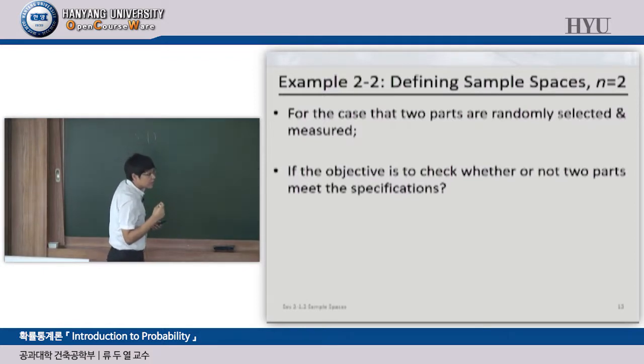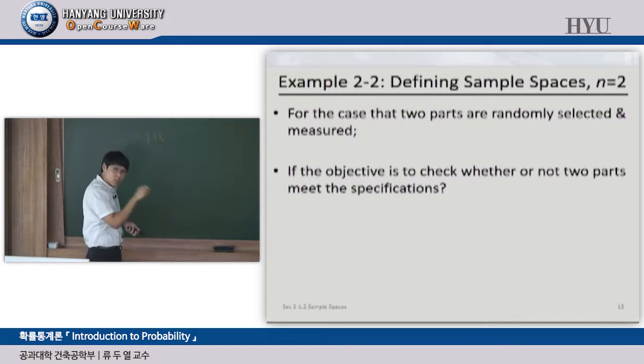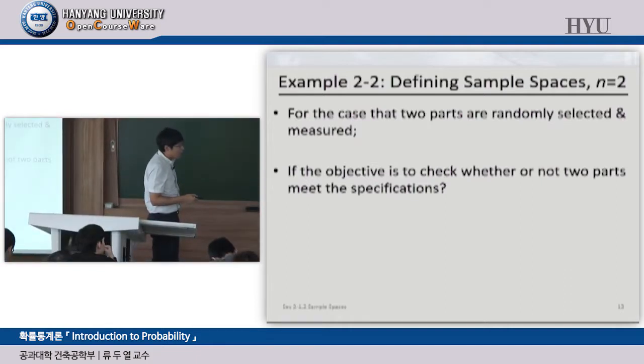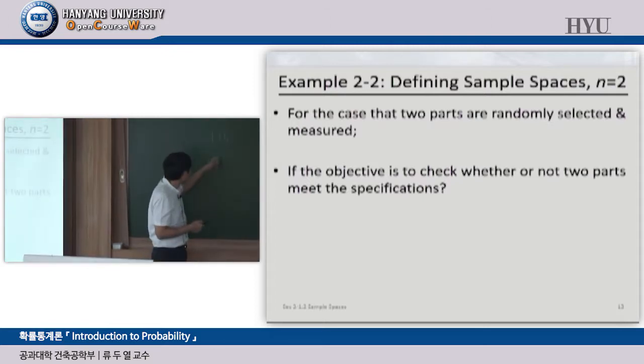And there is also the possibility that the second part selected from the experimenter meets the specification. This is also y here. So this indicates that we select two parts, and both parts do meet the specifications. So in this case, we can simply express this case as yy, okay?